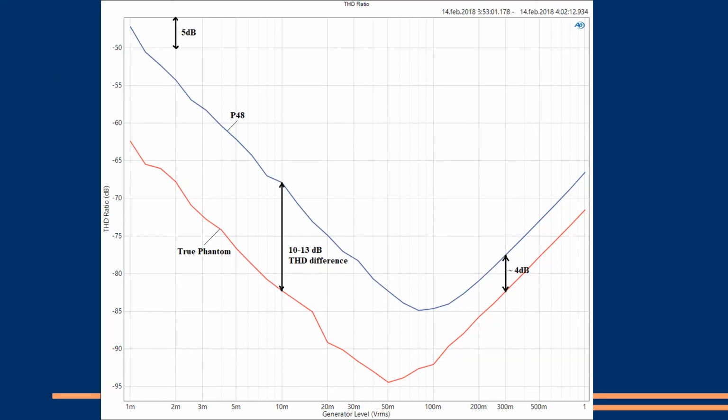Here you see a graph of the distortion at different voltages of input, from 1 millivolt up to 1000 millivolts. And clearly you see at the right side that the difference at the higher inputs is about 4 dB, and that the differences at lower millivolts is bigger.